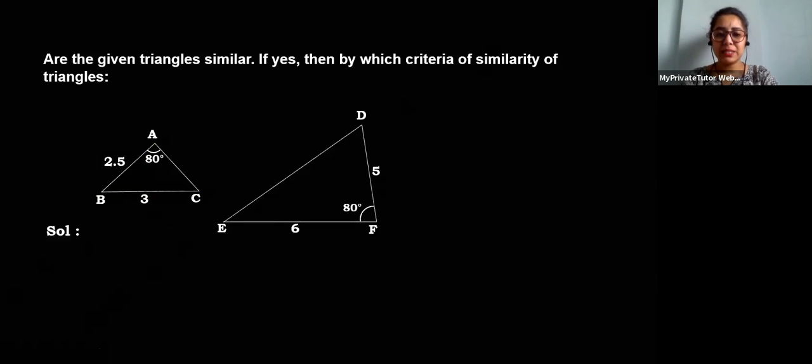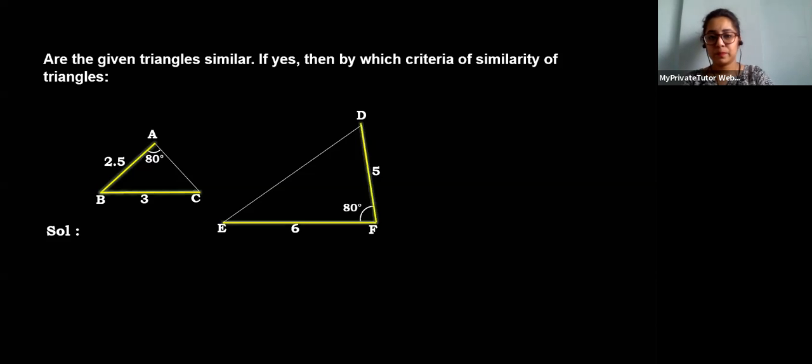You can see that the sides are 2.5 and 3. In triangle ABC, angle A is 80 degrees and angle A is not exactly in between the two sides. Right? If you talk about DFE, the sides have the angle exactly in between them.